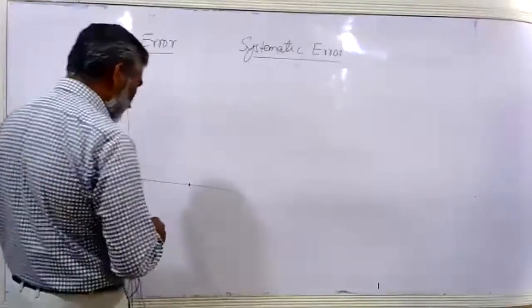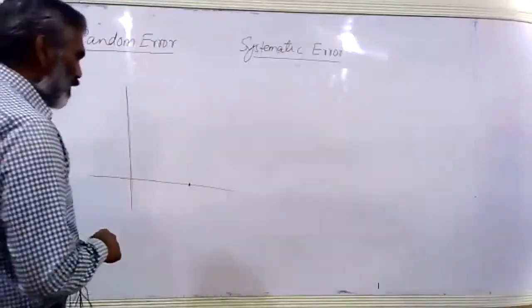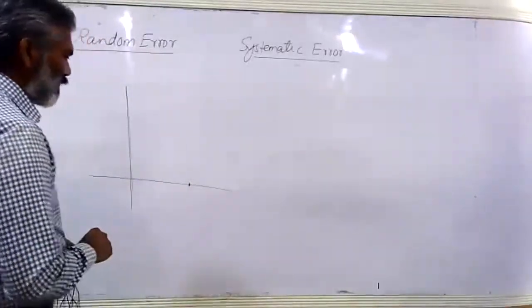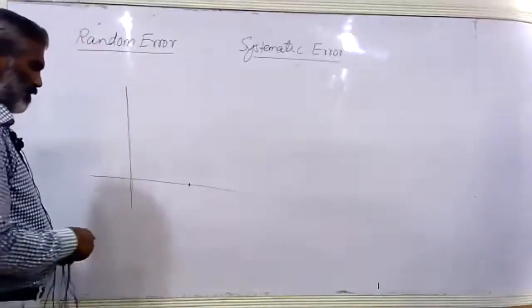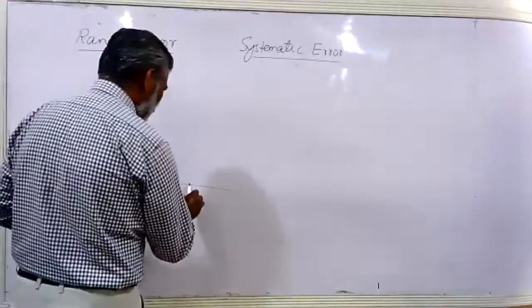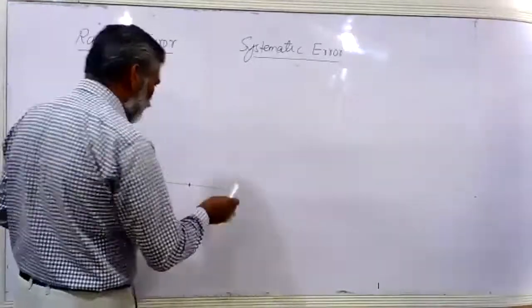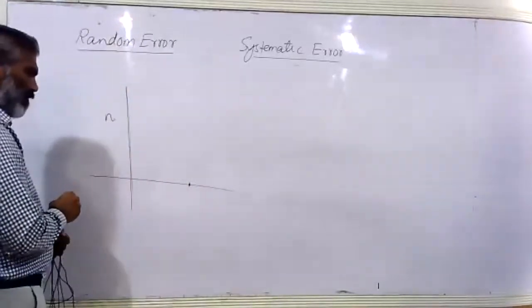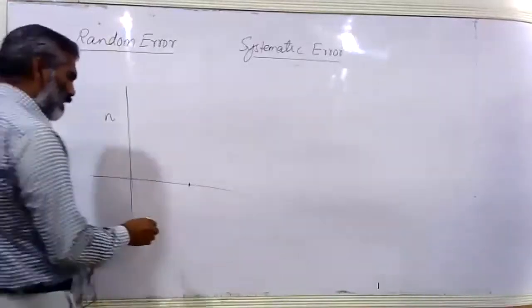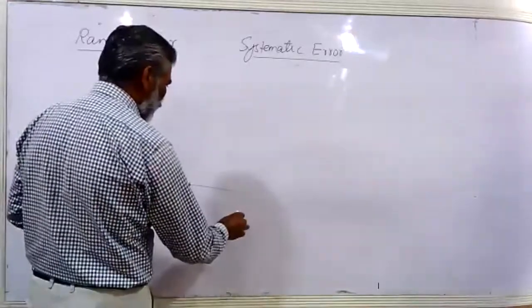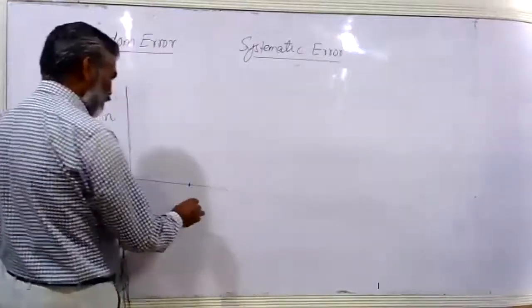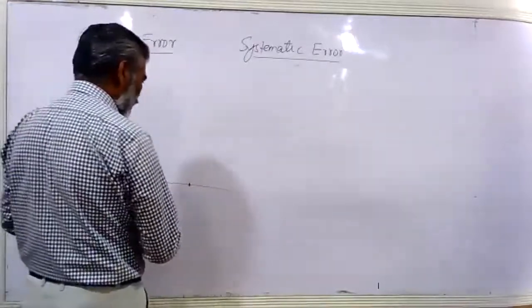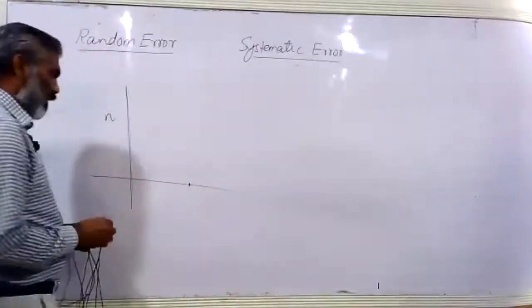You plot a graph between the number of readings, which is on this side, and on this side you take the value for which you are taking this reading.